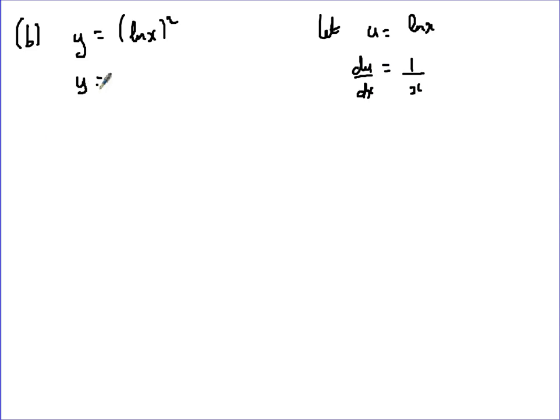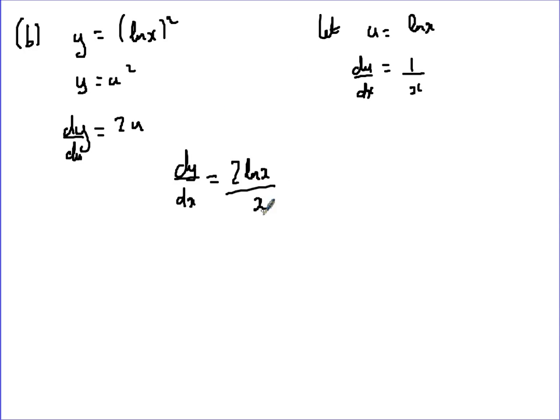I've then got y equals u squared. So dy/du equals 2u, times these two together, which will then give me dy/dx. So the 2u on the top, it's 2 ln x over x.